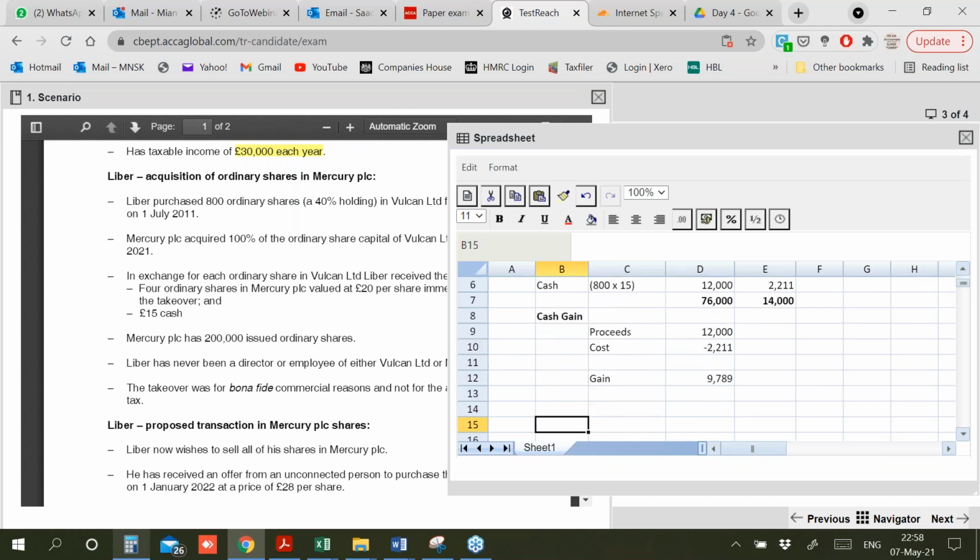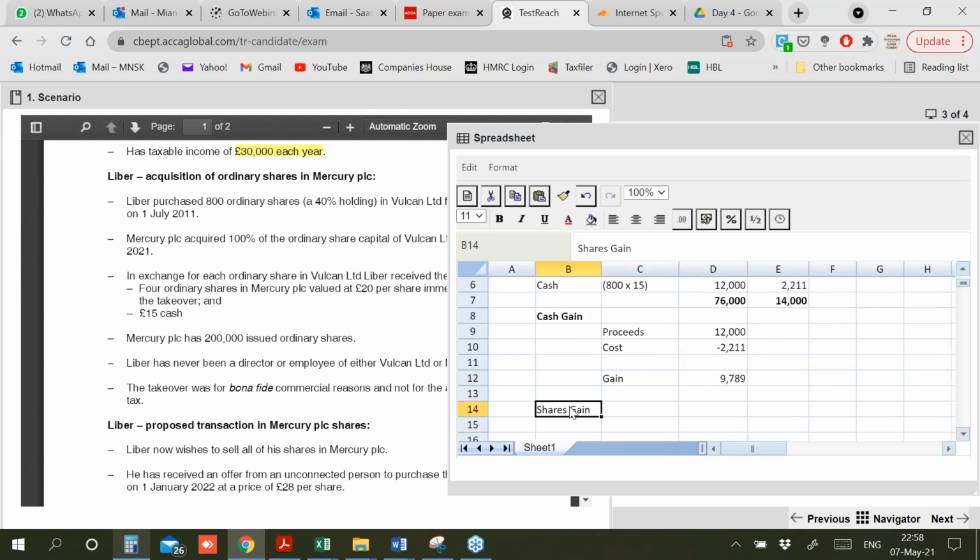Now, if she were to sell the Mercury shares, what will be the gain on shares? I'll copy all of this because it will be the same. However, I'll change the data here.